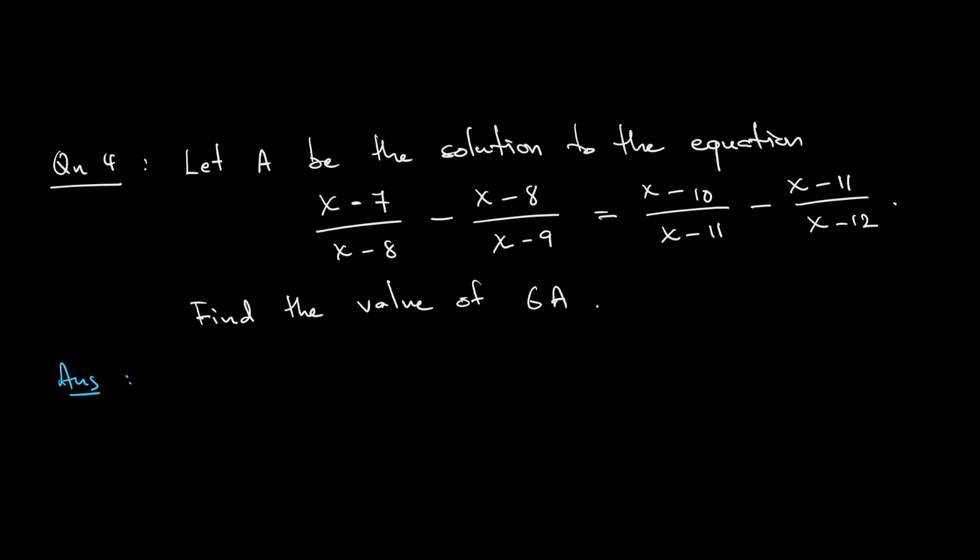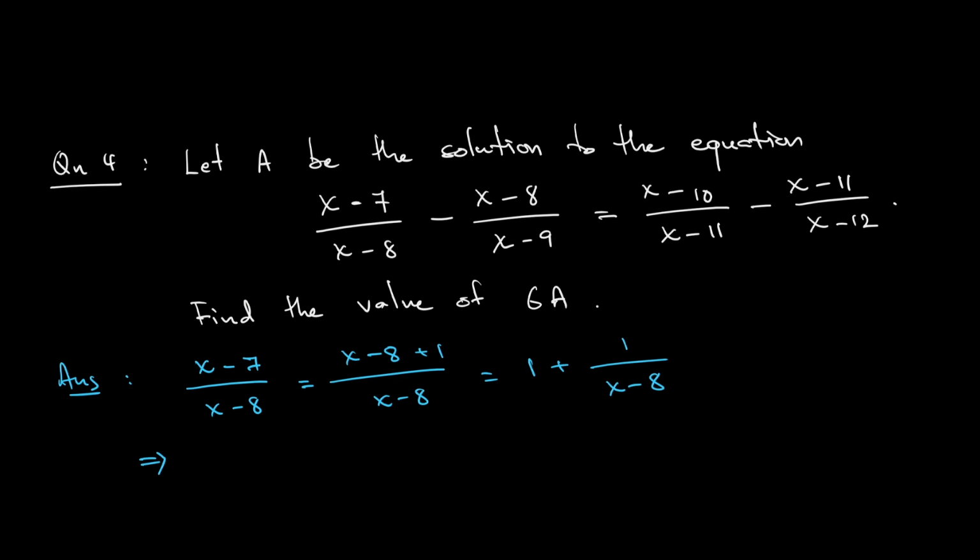So the trick to this question is for each fraction, so for example (x minus 7) over (x minus 8), you can write it as (x minus 8 plus 1) over (x minus 8). So in a way this is like long division. You break it into two fractions, (x minus 8) over (x minus 8), that would be 1, and the other fraction is 1 over (x minus 8). Alright, so using this, the first fraction can be written as 1 plus 1 over (x minus 8).